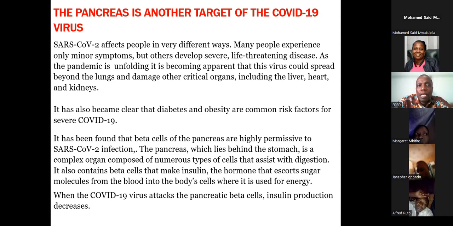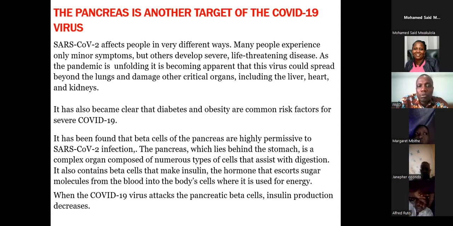Now, many people who got COVID-19, of course, got only minor symptoms, especially where they didn't have an underlying condition and where they took the correct interventions in terms of nutrition.